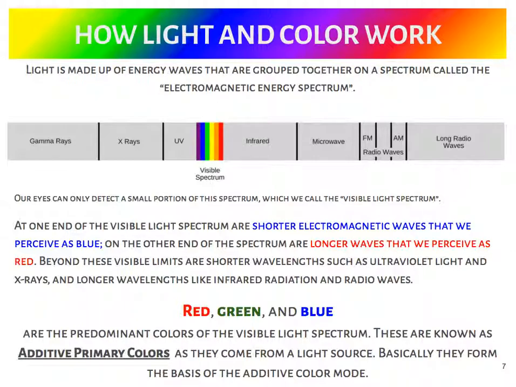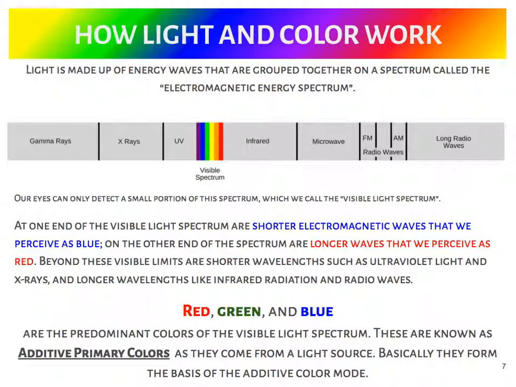Red, green, and blue are the predominant colors of the visible light spectrum. These are known as additive primary colors, as they come from a light source. Basically, they form the basis of the additive color mode.